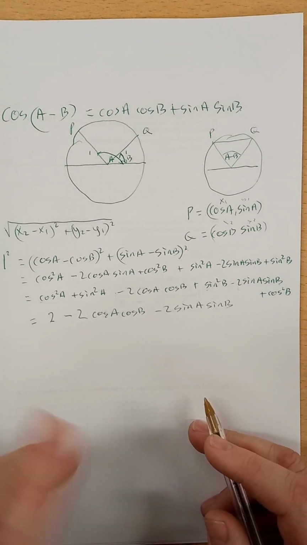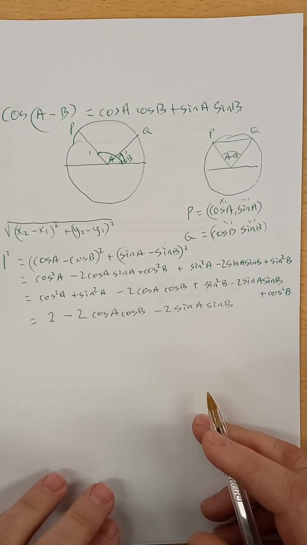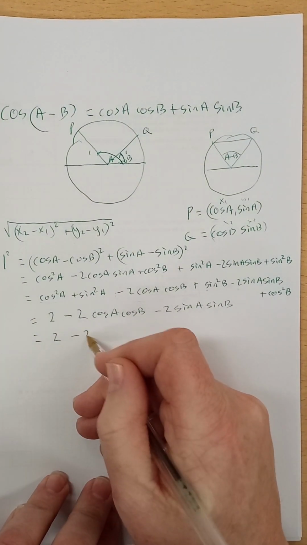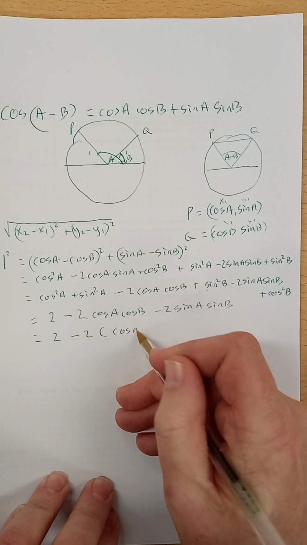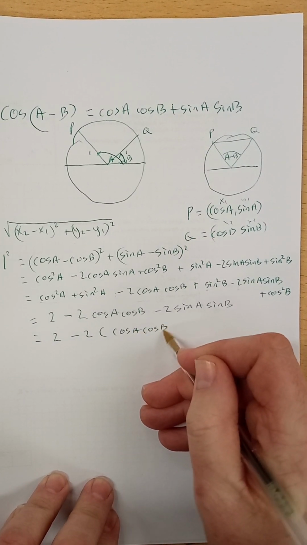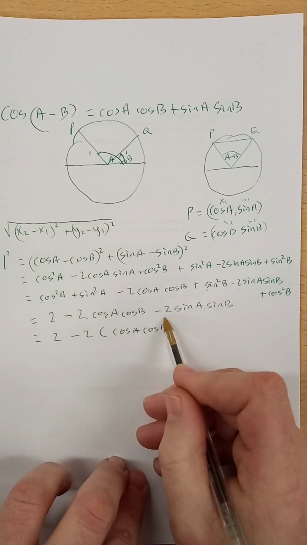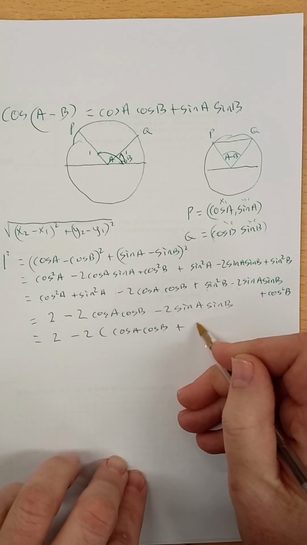Now, when you look at that very carefully, I can factorize the minus 2 out of that, and because I'm factorizing the minus 2, that becomes a plus.